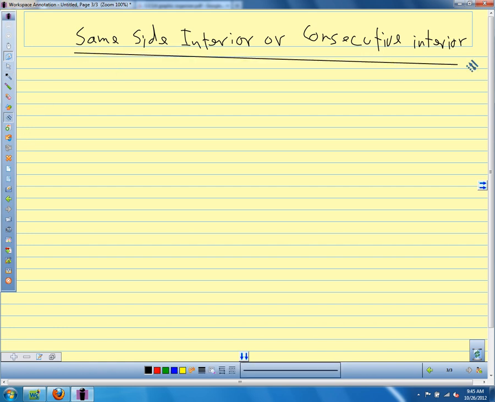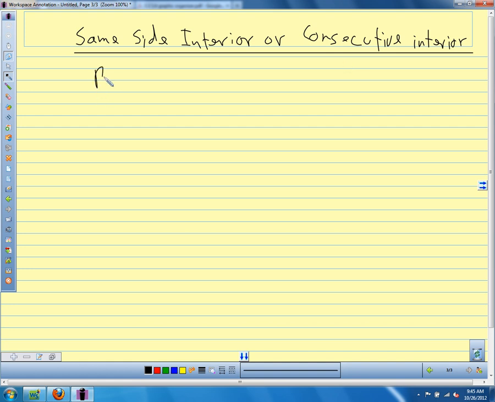So what we're talking about here, interior means we're between the parallel lines. And consecutive or same side tells us that we're on the same side of the transversal.